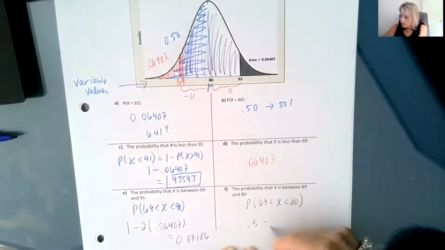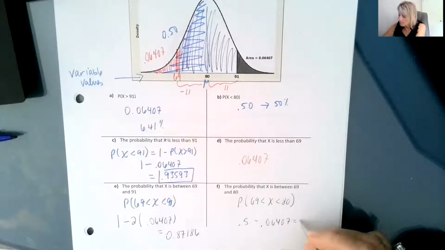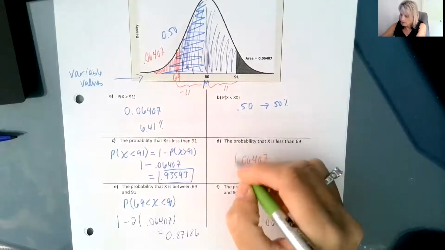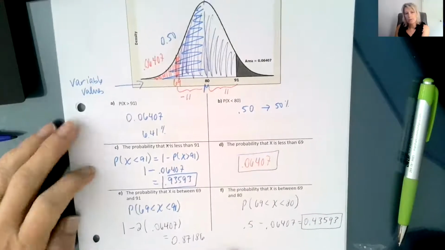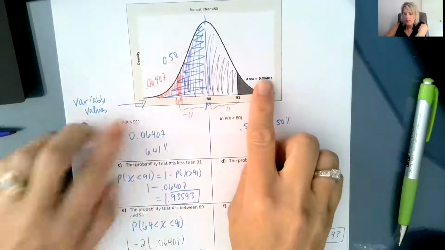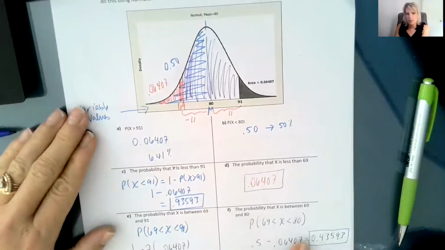We're going to subtract 0.06407, which is going to be 0.43593. So we did one of these in the course pack as well. They're trickier. You really got to think about that there's 100% of the data under here, and these are symmetric, and kind of using some concepts like that to make your way.